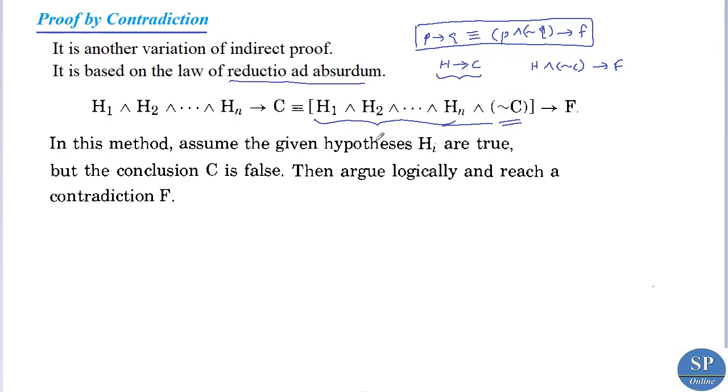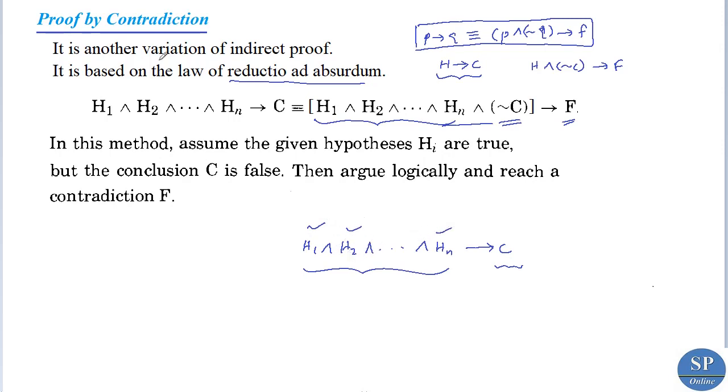Then we argue logically and reach a contradiction F. Here our theorem is actually H1 conjunction H2 conjunction etc. conjunction Hn implies C. This means that if the left hand side of this implication is true, then C is also true. That is the theorem. Left hand side is true means each of these hypotheses is true.